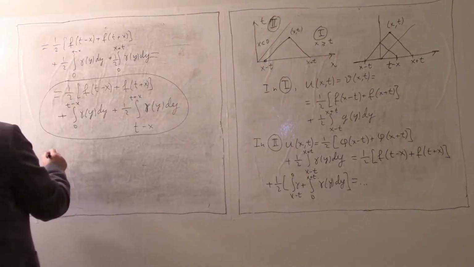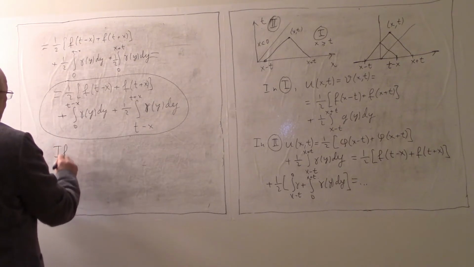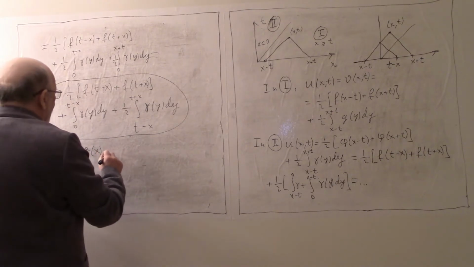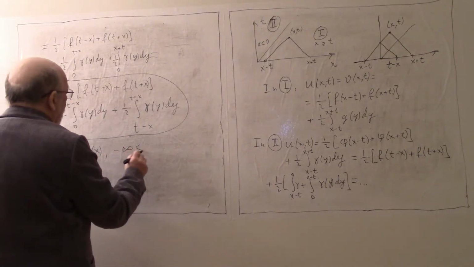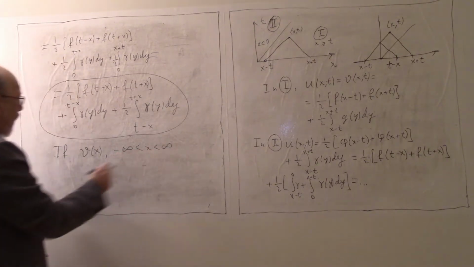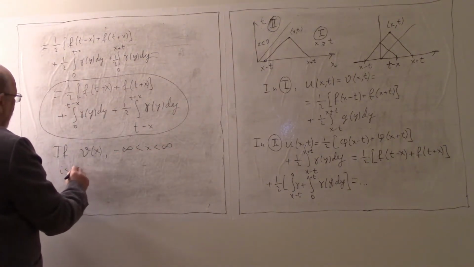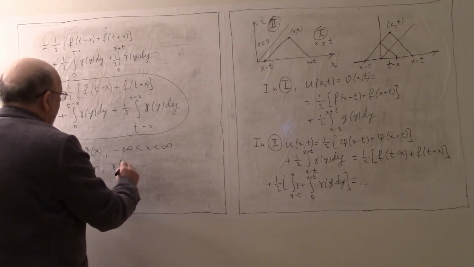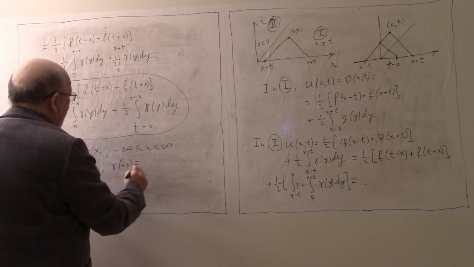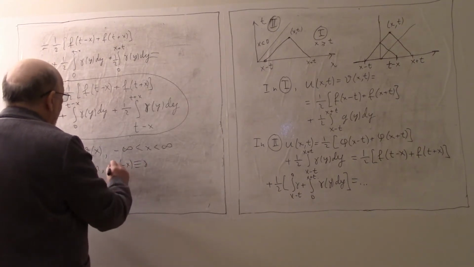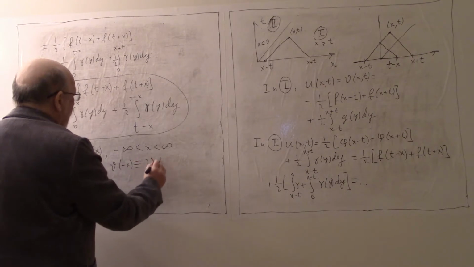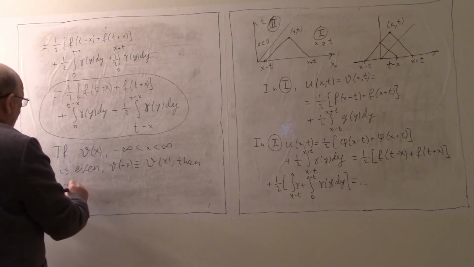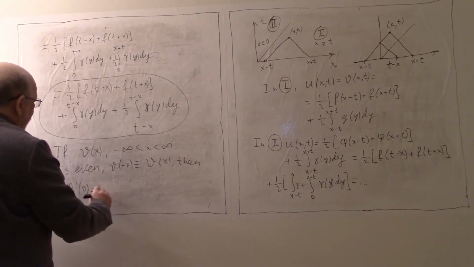So right here, if say v of x defined on the whole line is even, v of minus x equals identically v of x, then v prime of 0 equals 0.